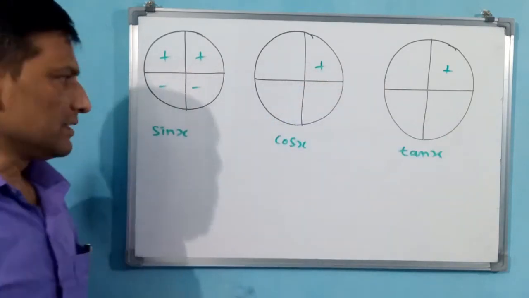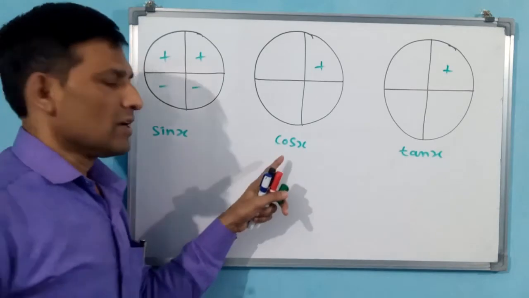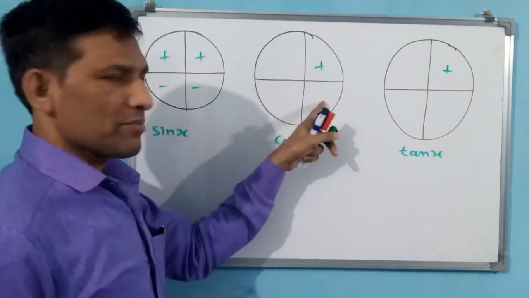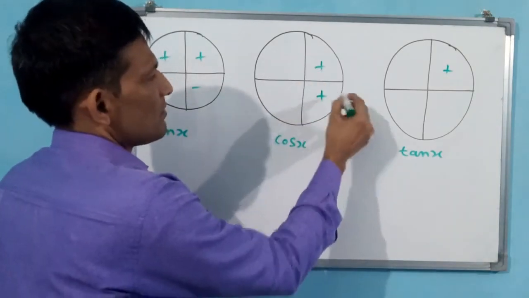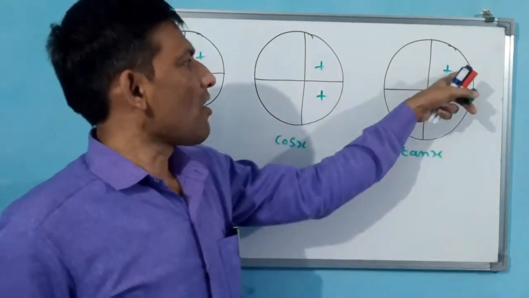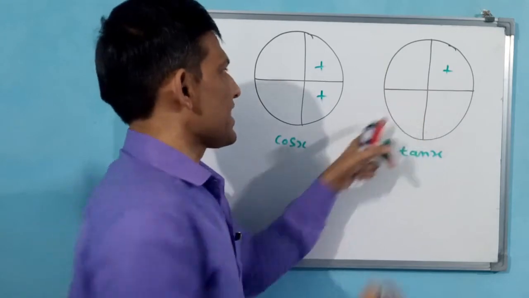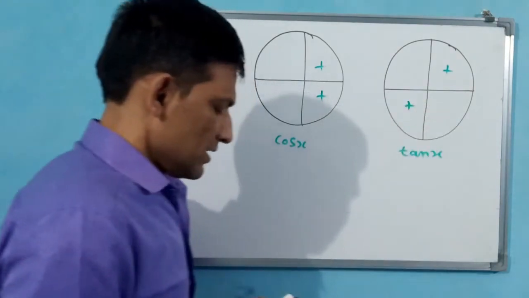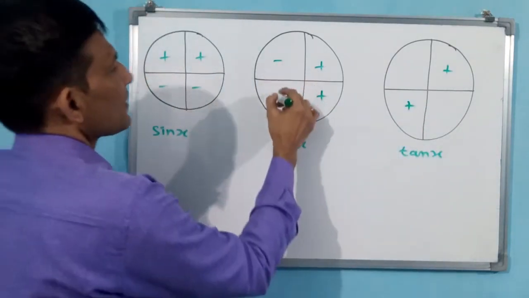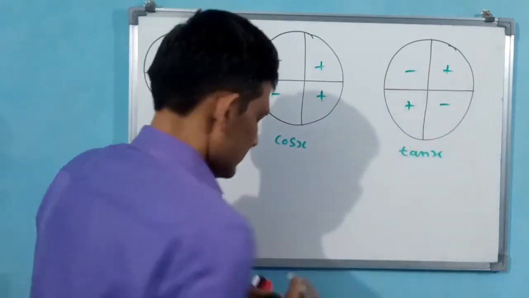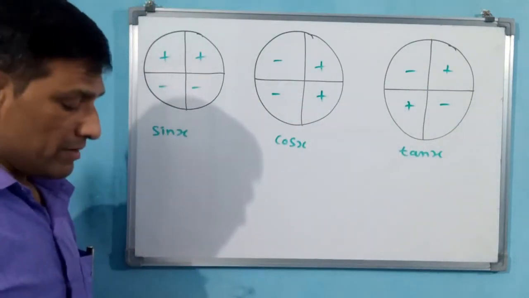All positive first. Now come for cos. C, cos is positive here. Come for tan. Tan is positive here. And what about the remaining areas? Remaining areas are negative. Okay, this is very important.